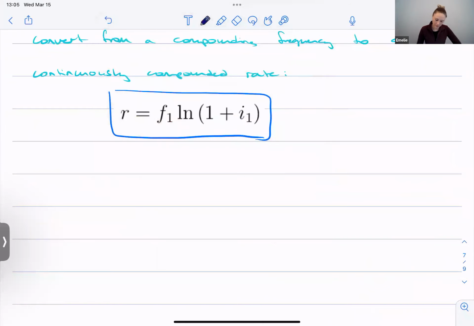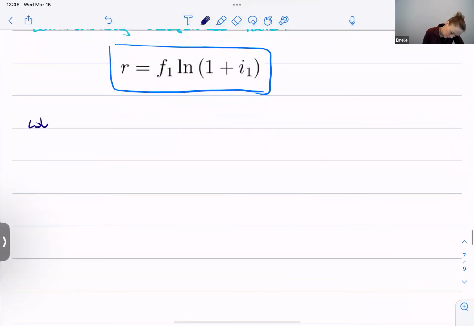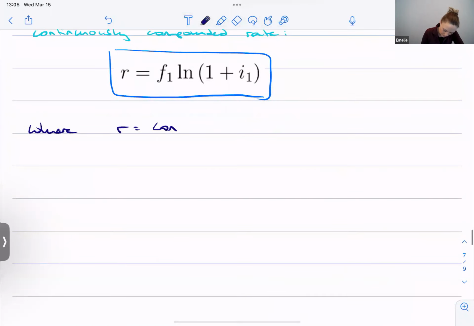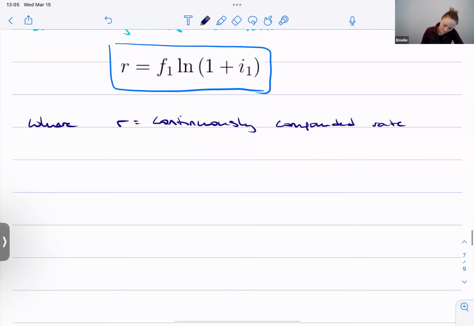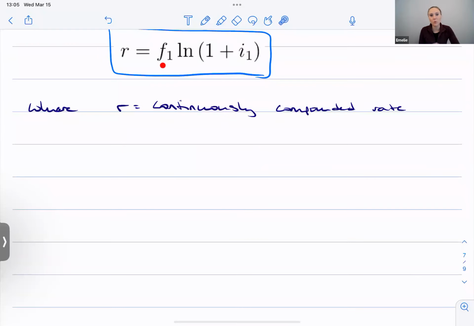Where R is the continuously compounded rate, F1 is the frequency that we're moving from.